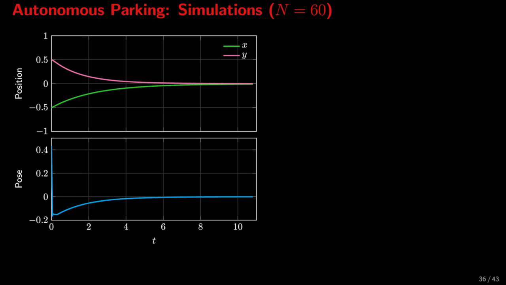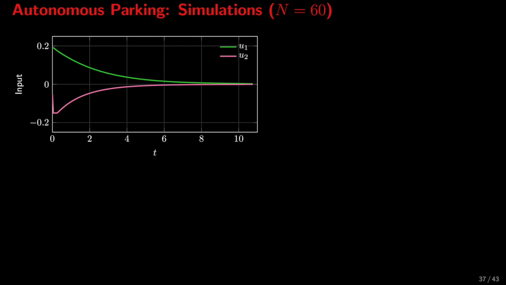Now let's see some simulations in which we have used the prediction horizon N equals 60, so quite a long prediction horizon. We start from the initial state 0.5, minus 0.5, and 0.4 something, a little bit above 0.4, and we see that both the position and the pose, which is just a synonym for orientation, converge gradually to the origin while respecting all the constraints that we have imposed on the system.